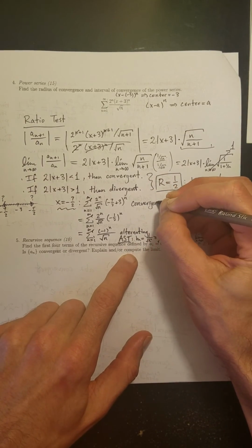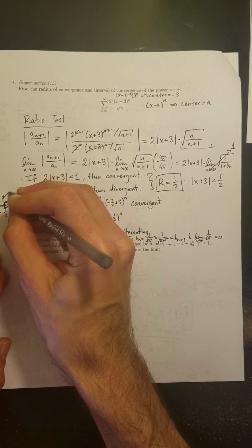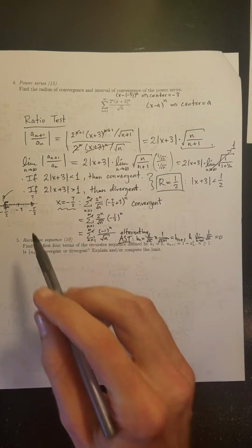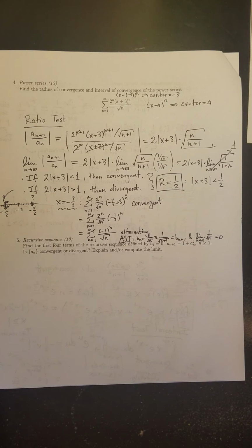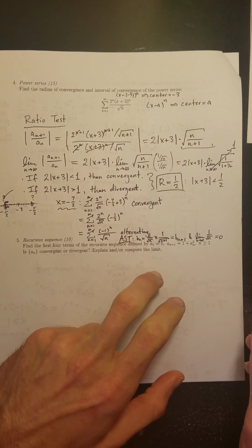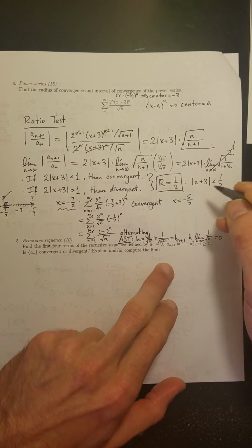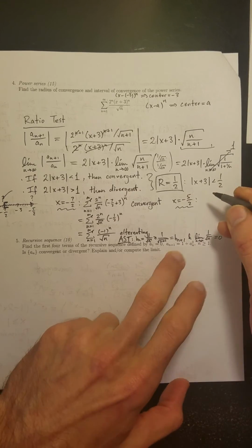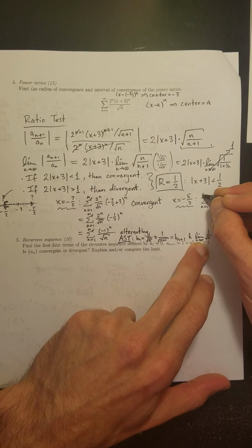So it converges at the left endpoint, so we can include that one, put a check mark. Now the only other question is, what about the other endpoint, -5/2? So we'll look at x equals -5/2 and see what happens. We just substitute that value for x into our series.